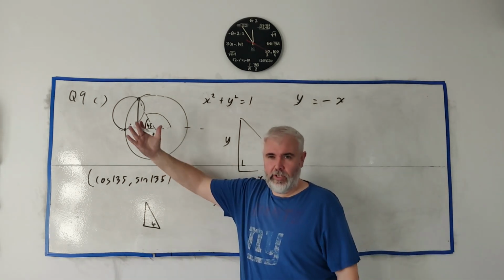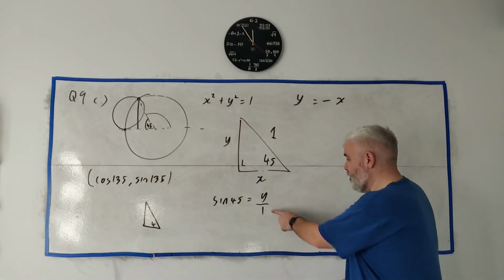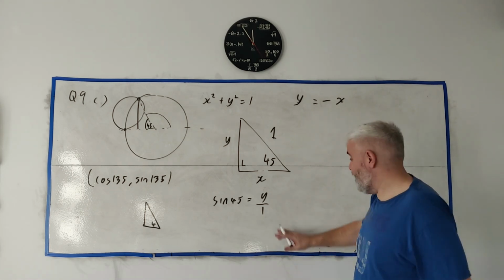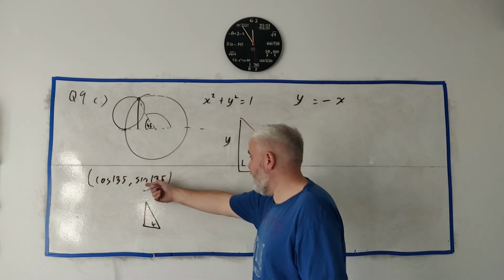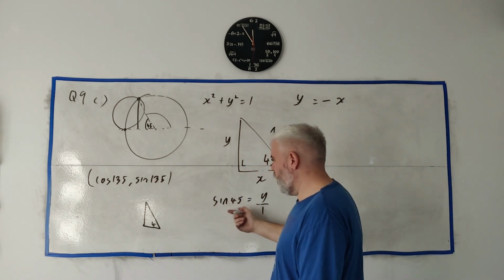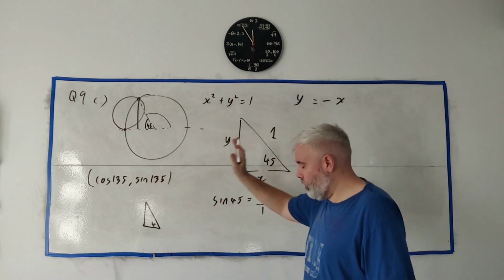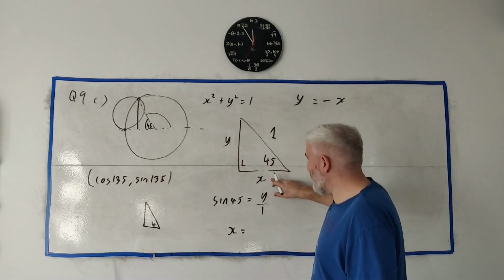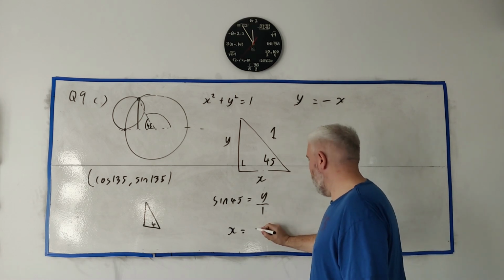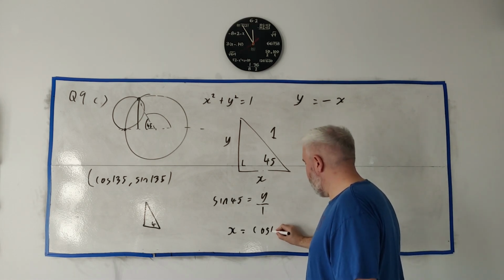Nothing special about the length 1. It's just really easy to divide things. It just disappears. So y is just sine 45, and sine 45 should be the same as sine 135. Don't make me check. And then x, by the same thing, this x here is equal to cosine 45.